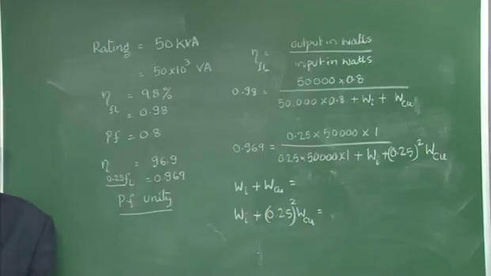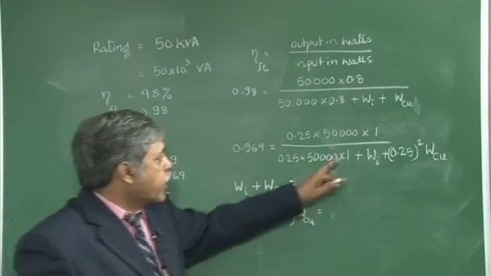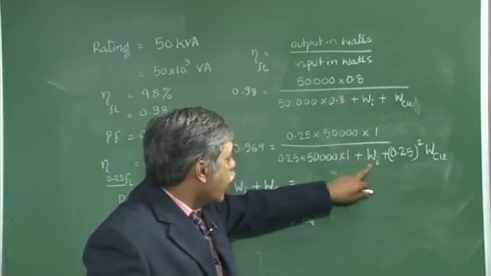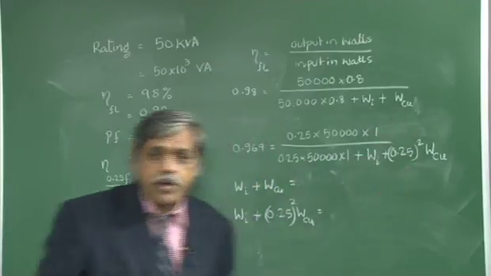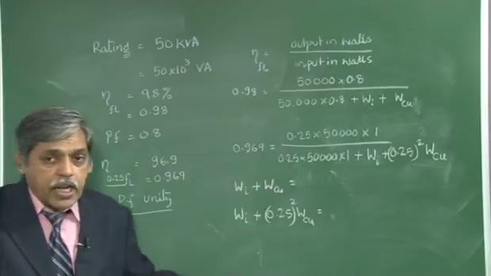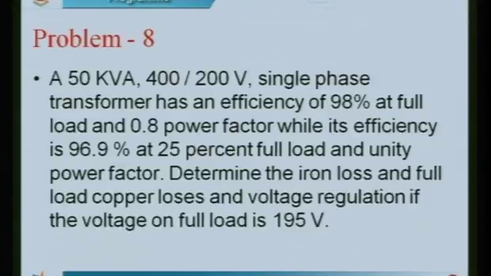The iron loss, as we saw yesterday, is a constant loss, because during these loading conditions I am not altering the voltage given to the transformer. As the voltage is constant, the iron loss remains constant. That is why in both cases I have written it as Wi. Only the copper loss will change with the load. So solving this I will get the iron loss and the full load copper loss for the transformer.